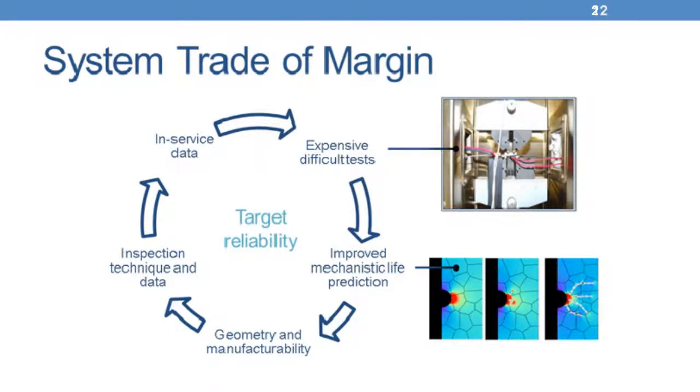This slide shows a different view of what I've just talked about on the previous slide, and highlights the integrated nature of testing, mechanistic predictive models, manufacturing and service experience. By developing an improved mechanistic model of the failure mode, in the case shown here, incorporating a higher level of fidelity of microstructural detail, we can select specific tests to validate the predictive model rather than the specific geometrical feature.